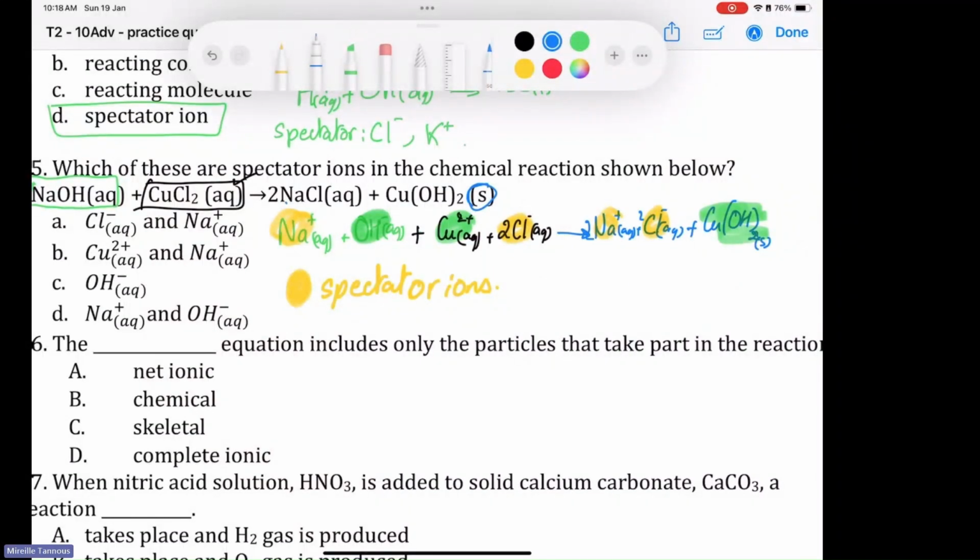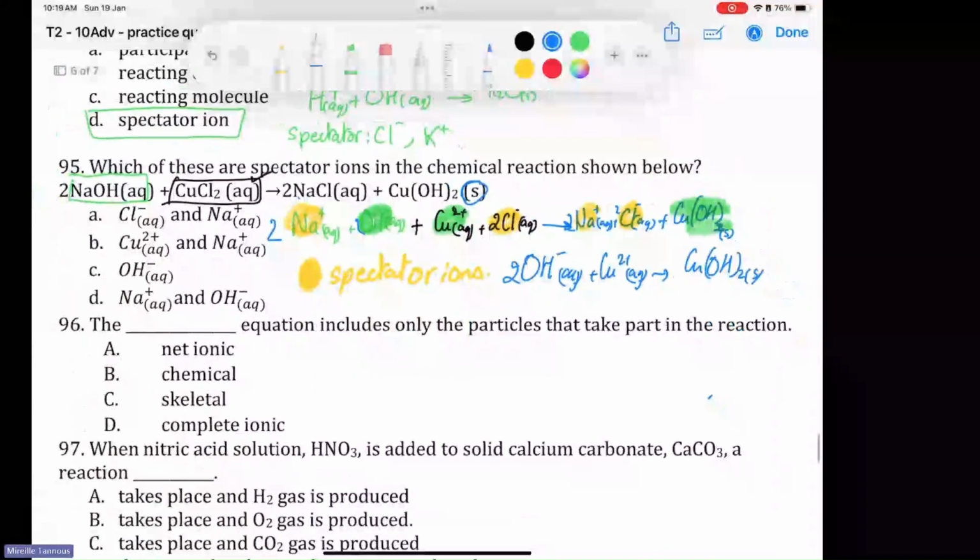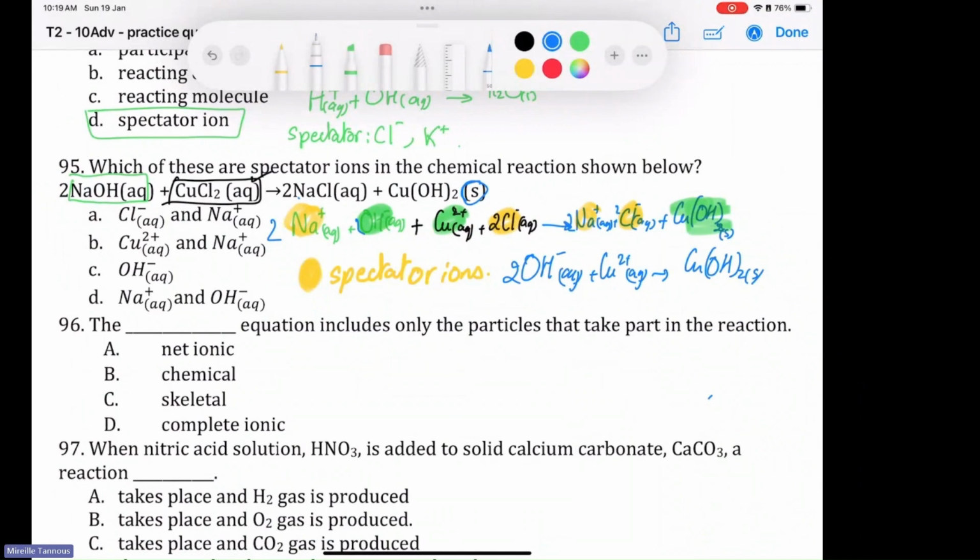So if they are asking me to write the net ionic, I will say OH minus, Cu2 plus, giving Cu(OH)2 solid. Okay? Here, there's 2. So the question, which of these are spectator? Spectator, yellow, the one I highlighted in yellow, meaning Na plus. Oh, it's A.